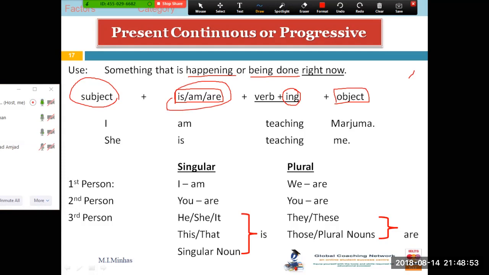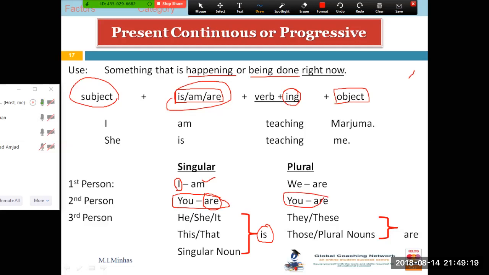But this is, I guess you must be knowing, with I, we use am. For all other singulars, we use is, and for all other plurals, we use are. Now, you is an exception here. We always use are with you, either it is singular or it is plural.